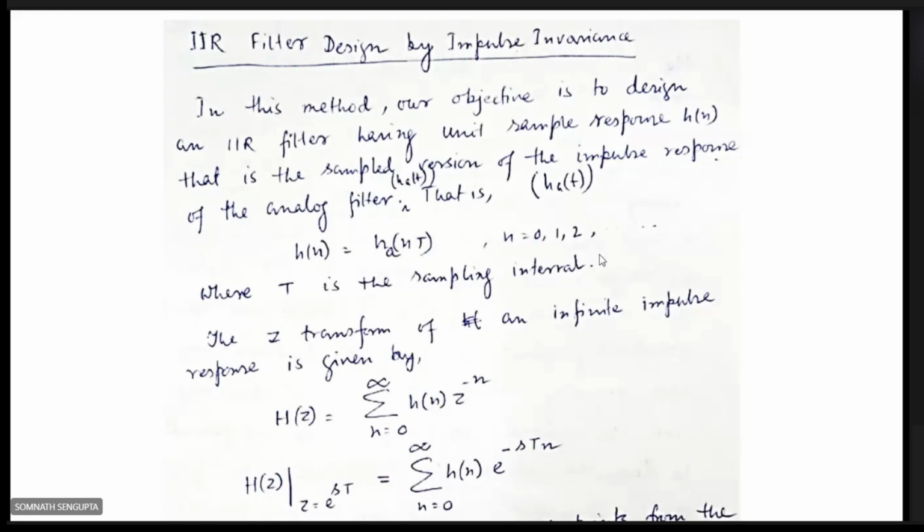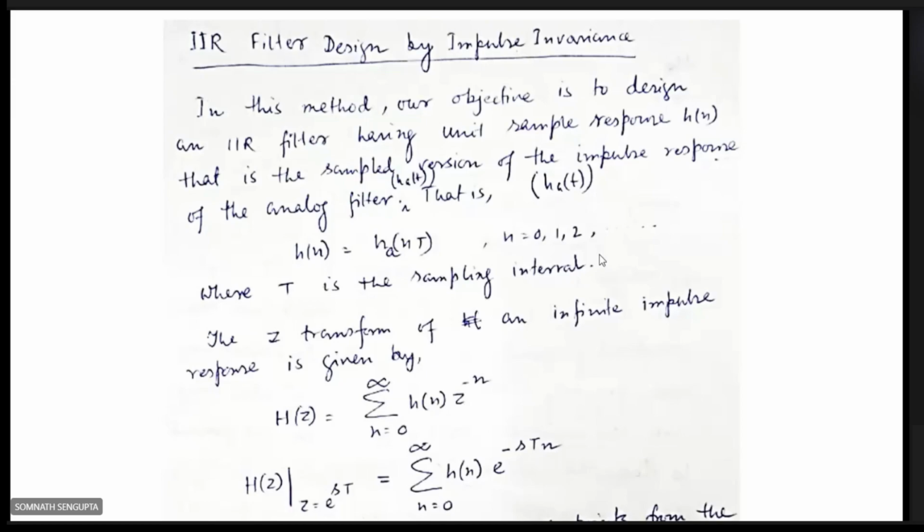Let us start with one transfer function h(n), in the discrete domain, and we have the analog transfer function h(t), that is the impulse response for the analog filter.